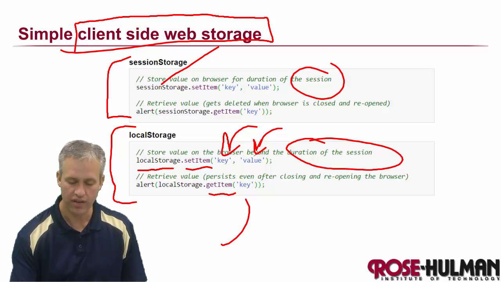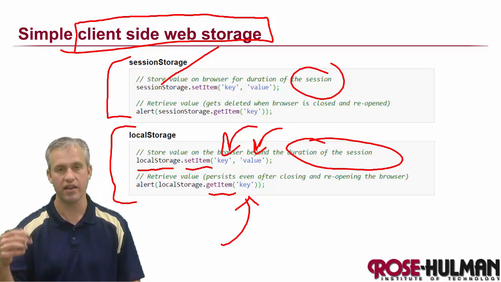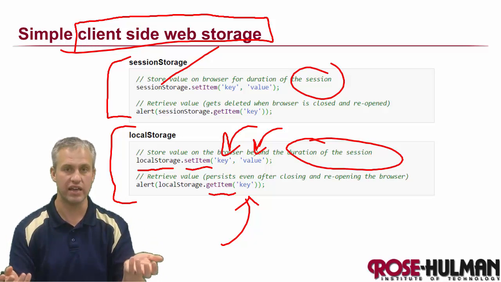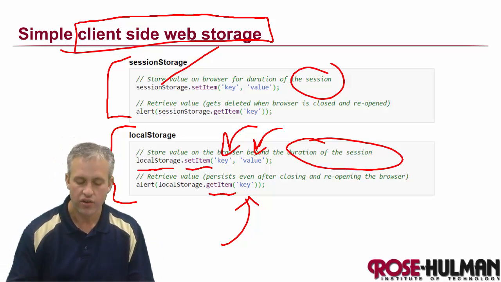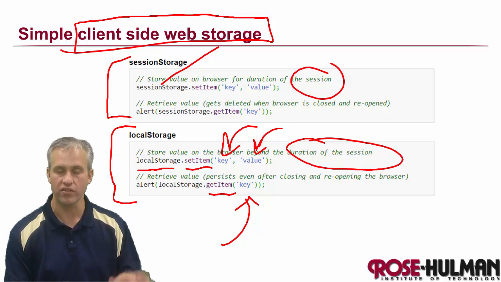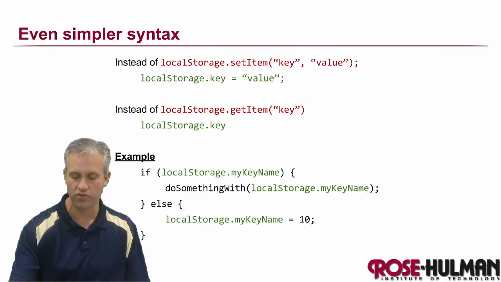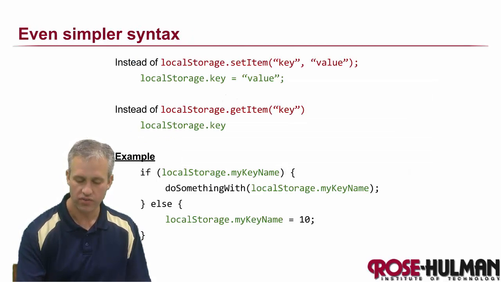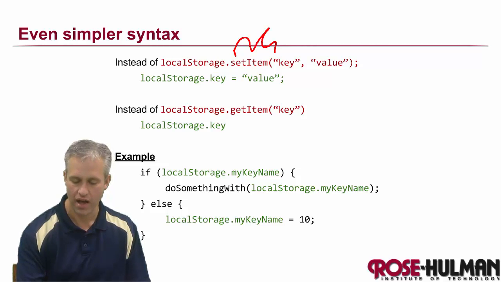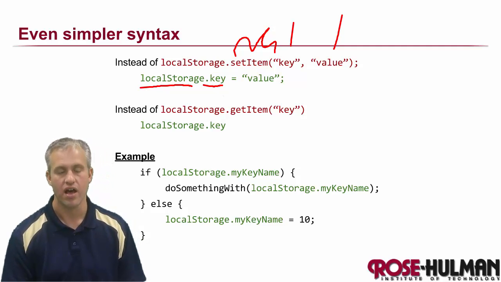And then you can also get an item by calling getItem and passing in the key, which is a string. You can use this syntax, which is fine. Some people really like the syntax. But you can, if you want, use an even simpler syntax and treat it just like a plain old object. So instead of saying setItem and passing in a key and a value, you could actually just say localStorage.key.